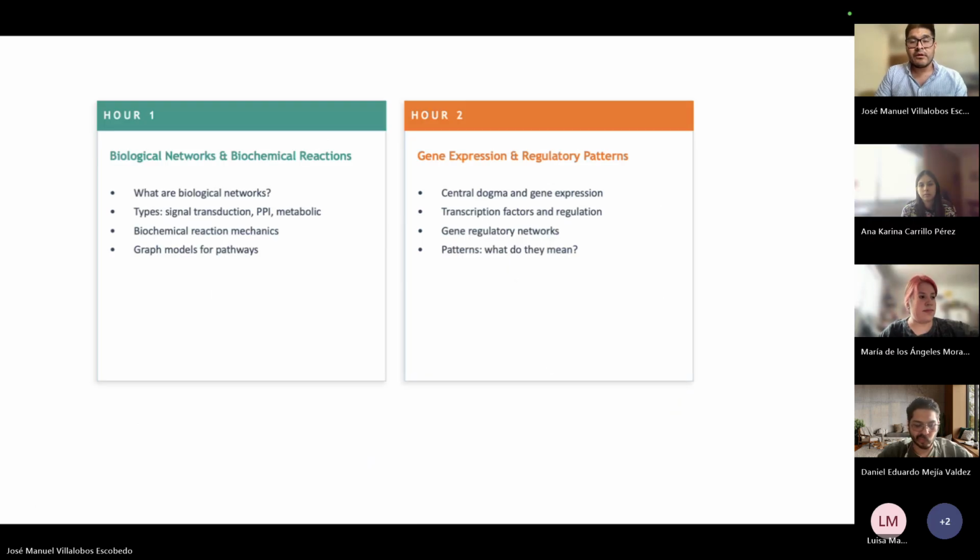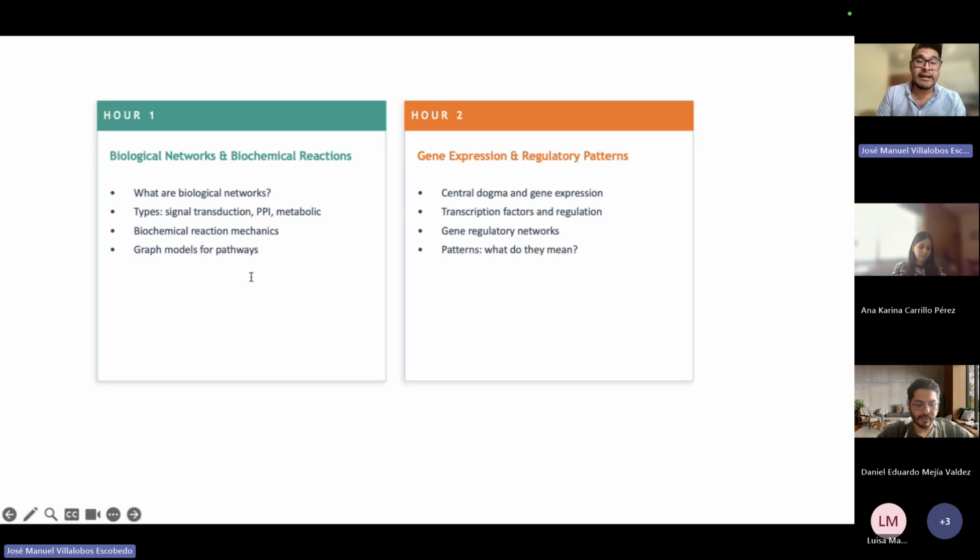So in this class, we will start working and trying to understand biochemical reactions and biological networks related to signal transduction, metabolic biochemical reactions, protein-protein interactions, and other kinds of networks related to this kind of experiment.